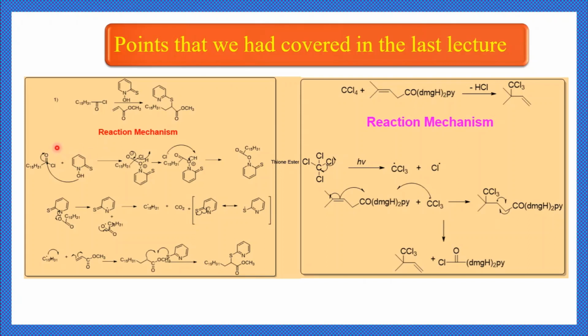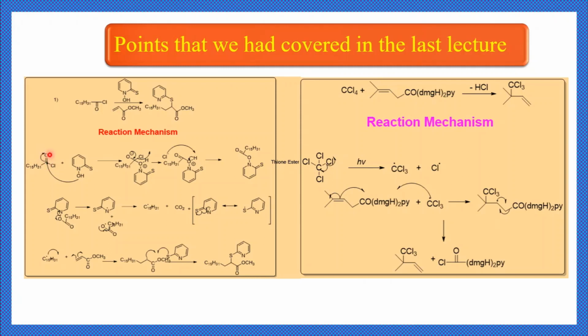In the mechanism, the acid chloride reacts with N-hydroxypyridine-2-thione. This hydroxy group, the oxygen having a lone pair of electrons, attacks the carbonyl carbon of this acid halide.